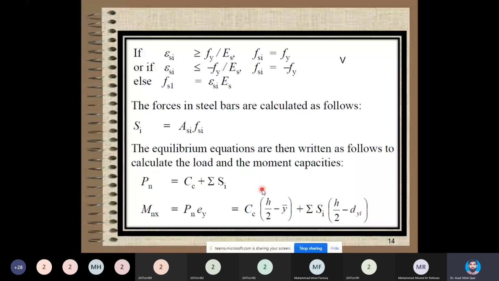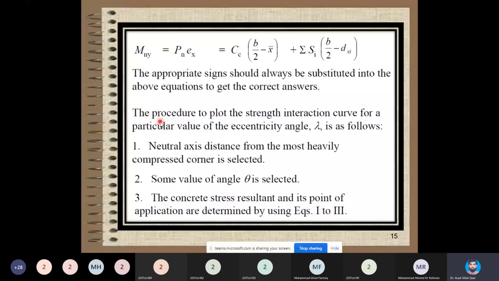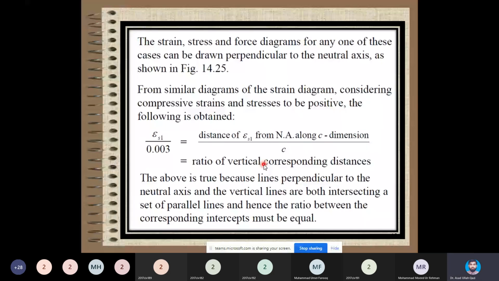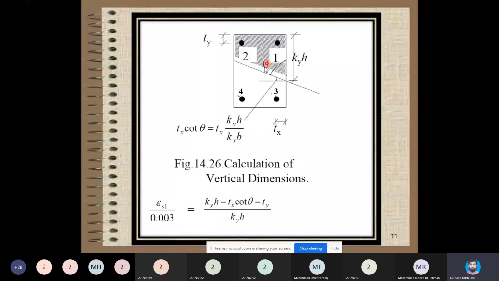The procedure to plot the strength interaction curve for a particular value of eccentricity angle lambda is as follows. The neutral axis distance from the most heavily compressed corner is selected. Like I said, this is the highly compressed corner, and you will select a neutral axis depth, normal to this, that is the c value.